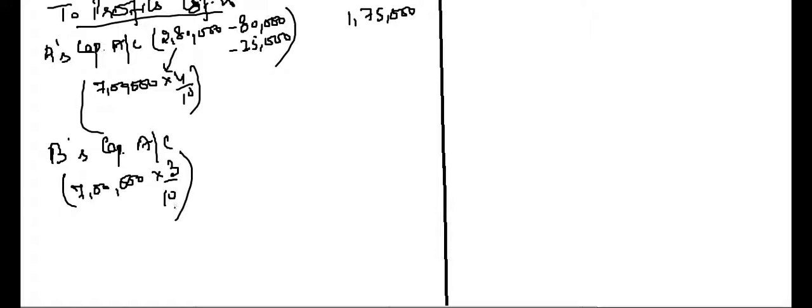This comes to 2,10,000. Okay. 2,10,000 minus the firm deficiency, how much? 60,000. So he will get 1,50,000. Clear?